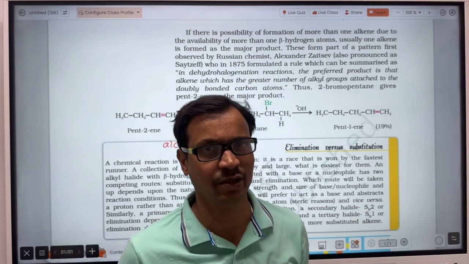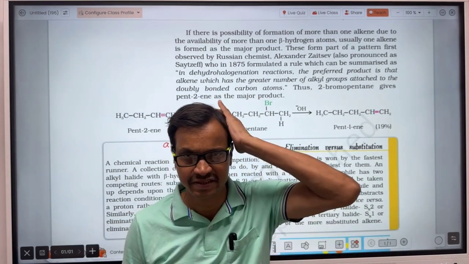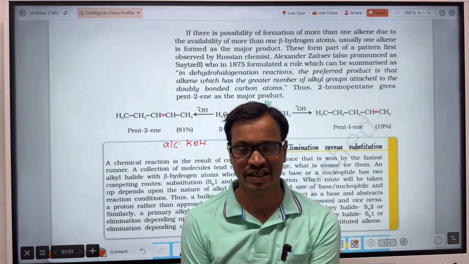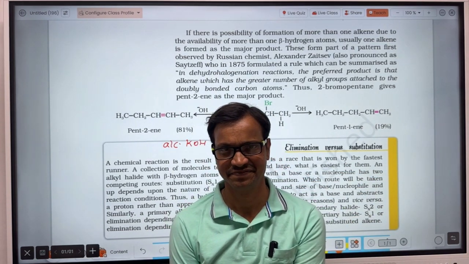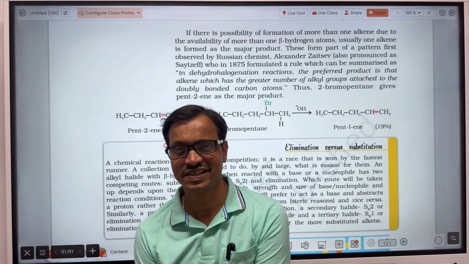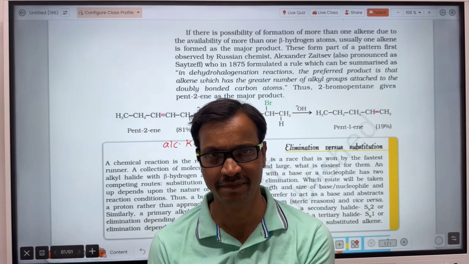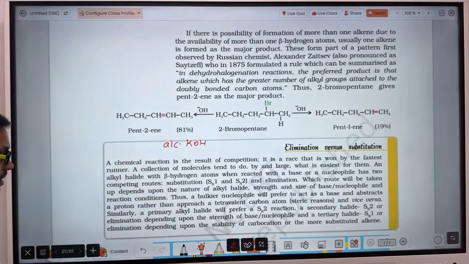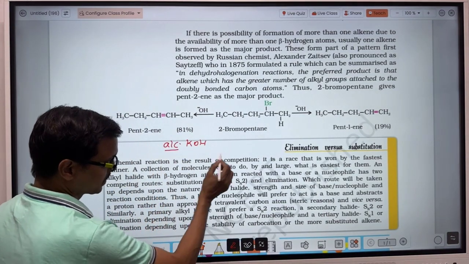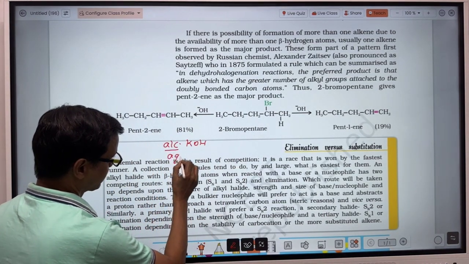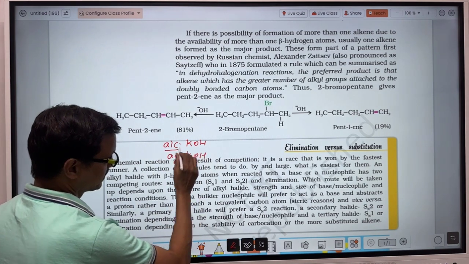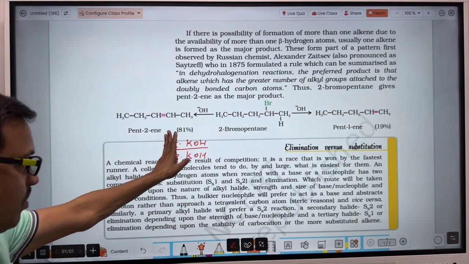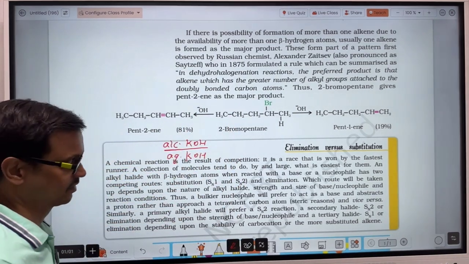That means when haloalkane is treated with alcoholic KOH, beta elimination takes place. There is a difference between alcoholic KOH and aqueous KOH. Alcoholic KOH means KOH is dissolved in alcohol and then the reaction takes place.